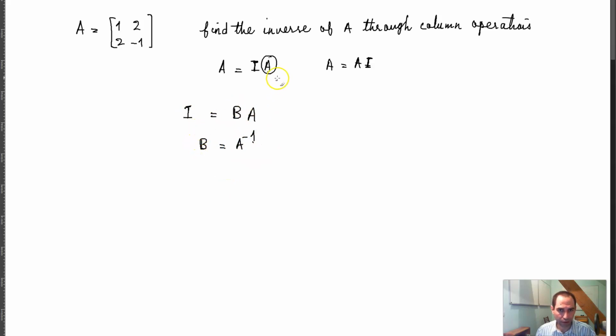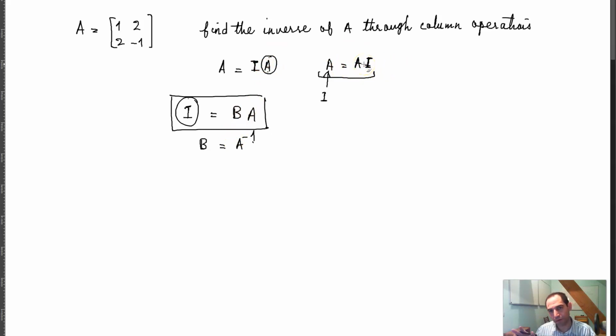And for the same reason, I don't want the column operations to be done on A. I want A to be left alone, not meaning untouched. So for the same reason, I'm going to take this equation, A is equal to AI. Excuse me, I have to take this matrix here, because no, that's actually correct.